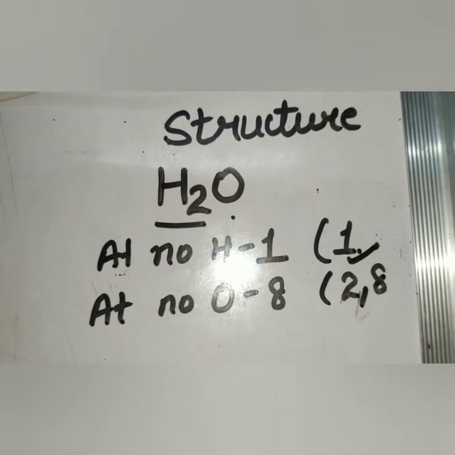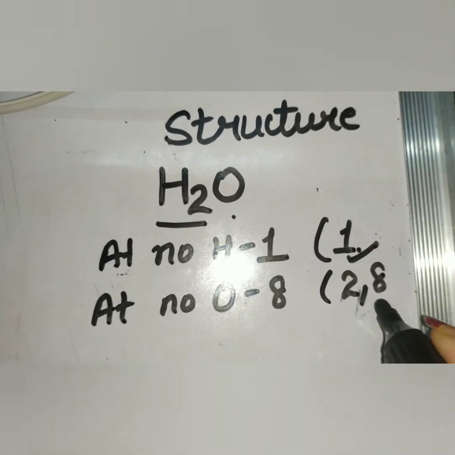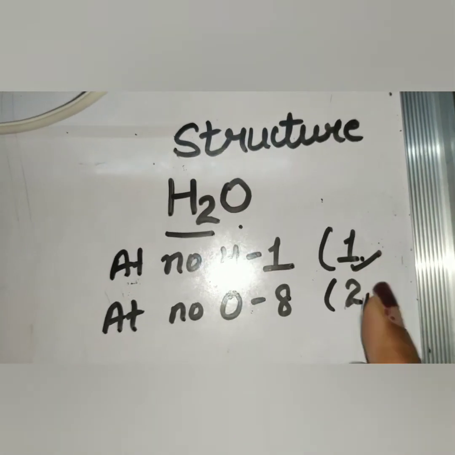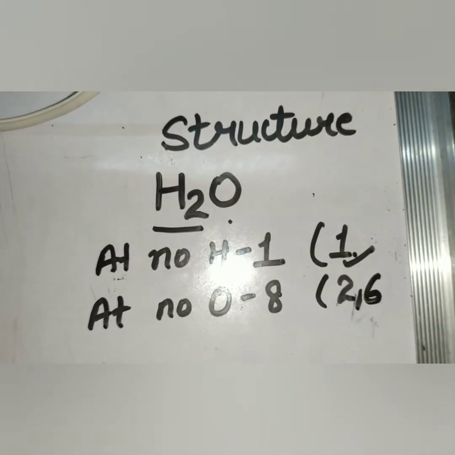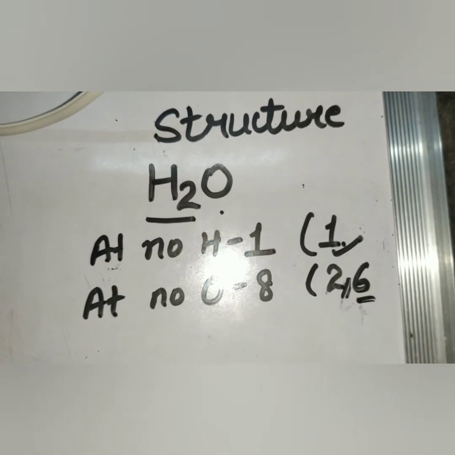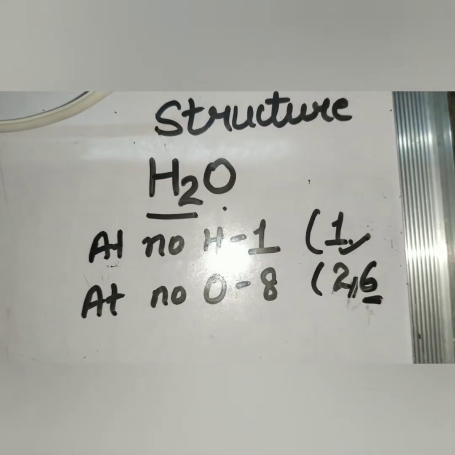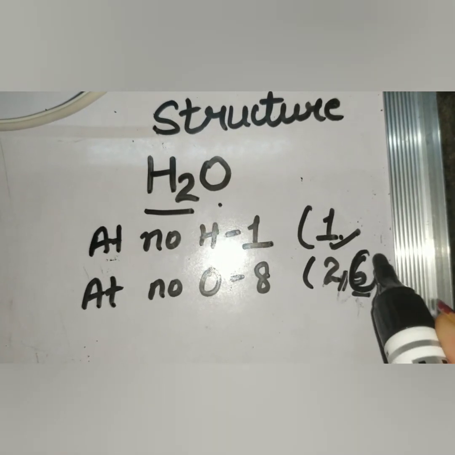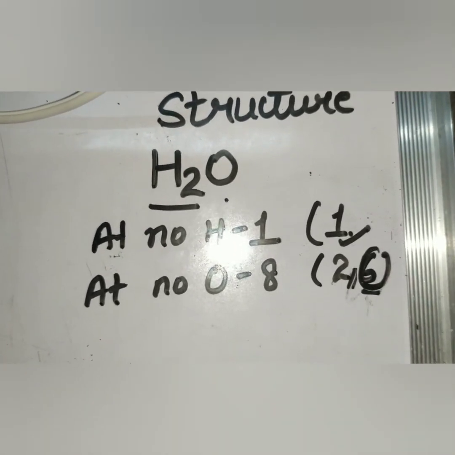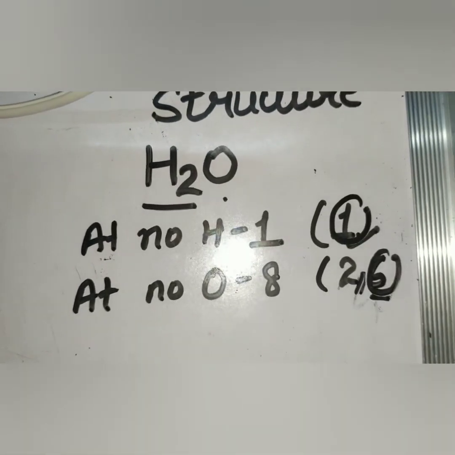Hydrogen has one valence electron in its outermost shell and oxygen has 6 valence electrons in its outermost shell, and oxygen wants to complete its octet and hydrogen wants to complete its duplet.